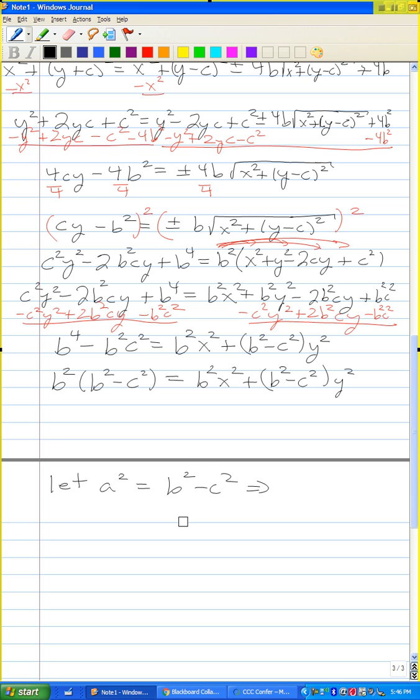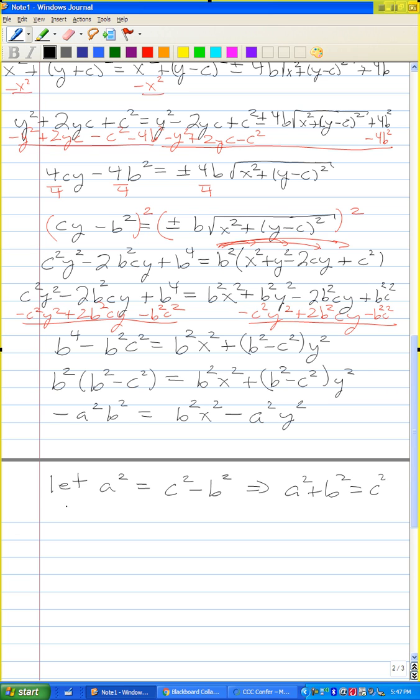Okay, so let it equal, sorry, c squared minus b squared. In other words, let a squared plus b squared equals c squared. Okay, so let's do that. And so this means that this is equal to negative a squared b squared is equal to b squared x squared, and then that'll be a minus a squared y squared.